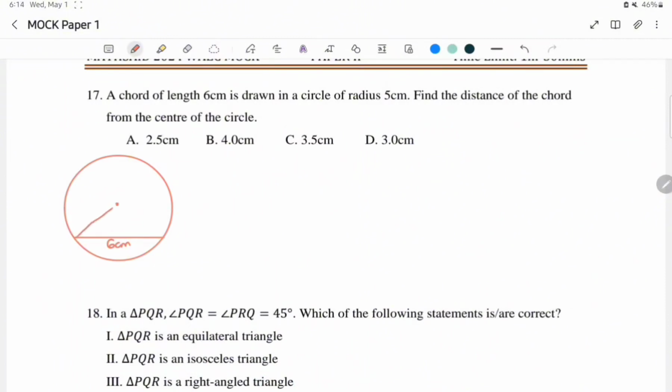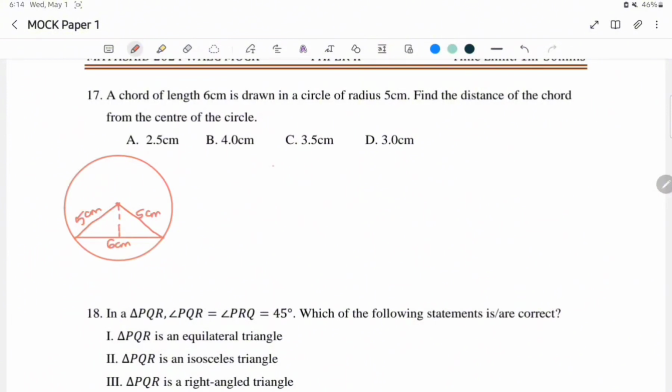That means the distance from here to here is 5 centimeters. The distance from here to the circumference again is also 5 centimeters. Find the distance of the chord from the center of the circle. That is, this is the distance we are asked to find. The distance between the chord and the center of the circle.